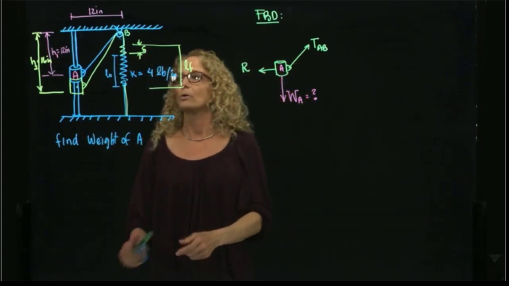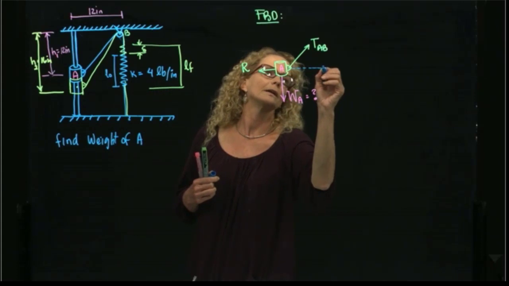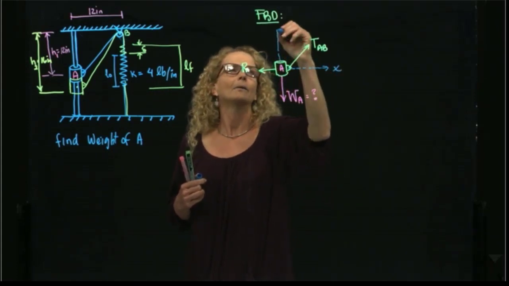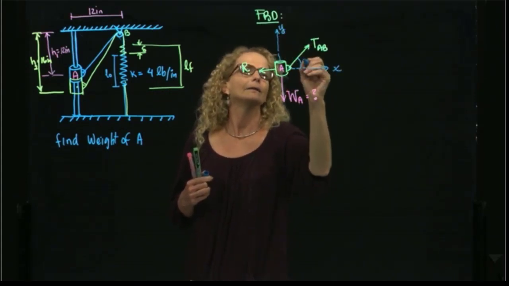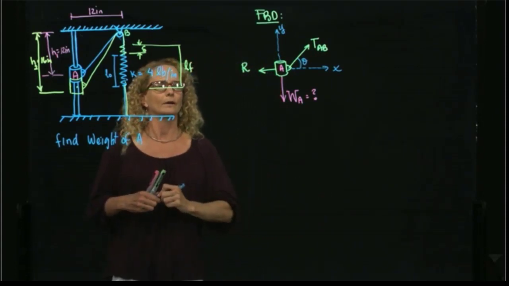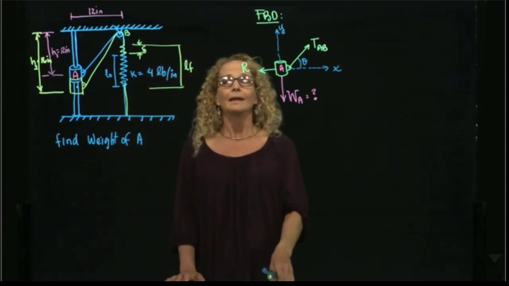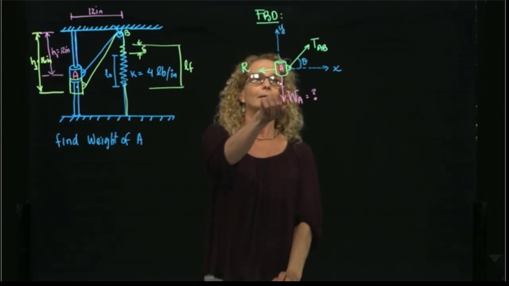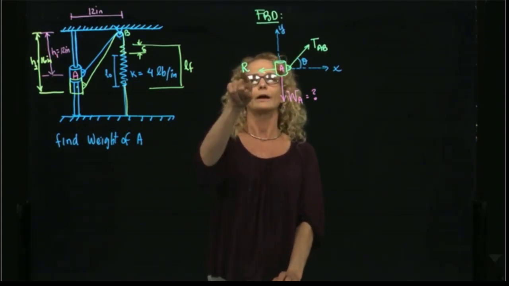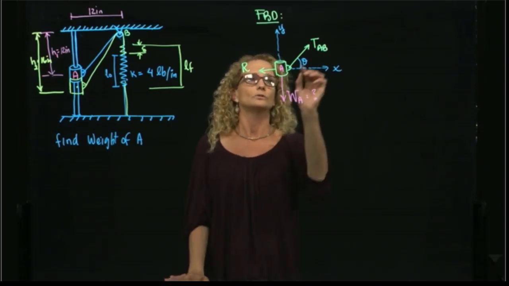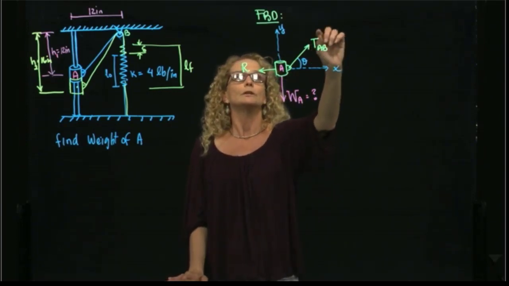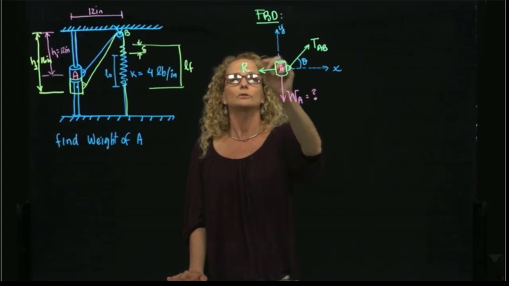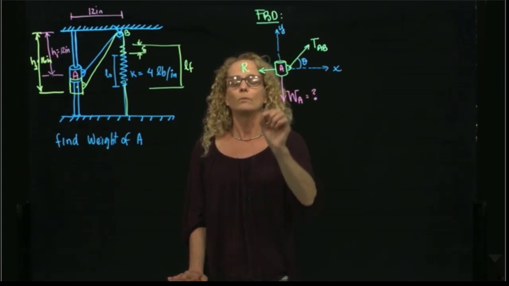And of course, I always have my coordinate system X and Y, and I need this angle over here. I don't have that. So, since they want us to find that weight, I need that tension, because here I have three unknowns. I have the tension of the rope, I have the reaction with the bar, and I have the weight.